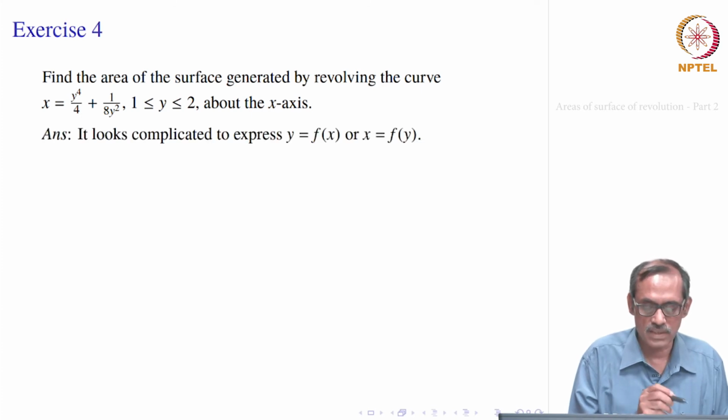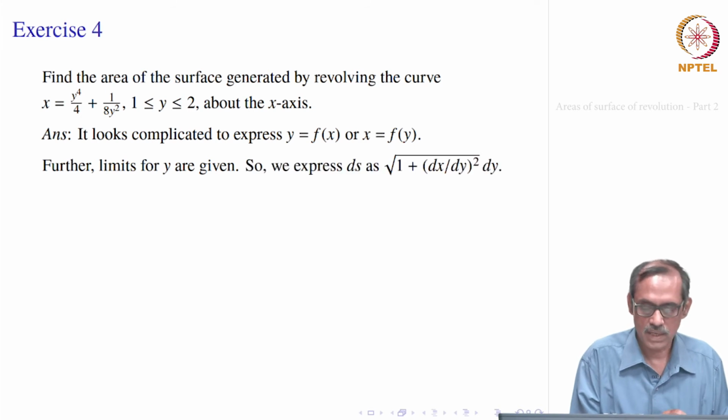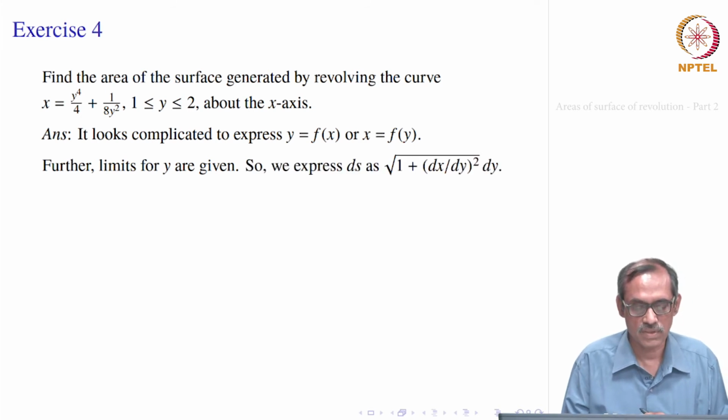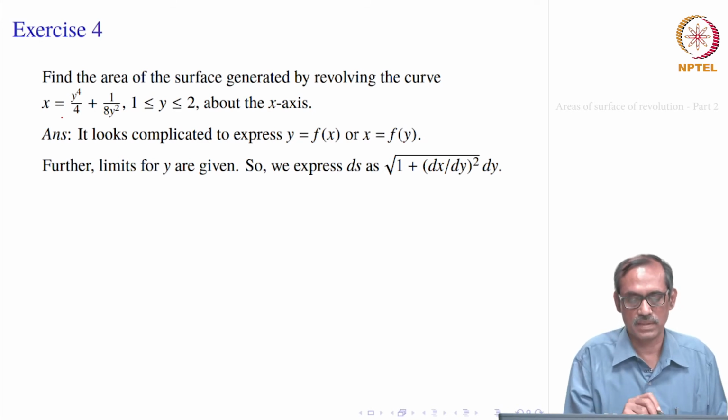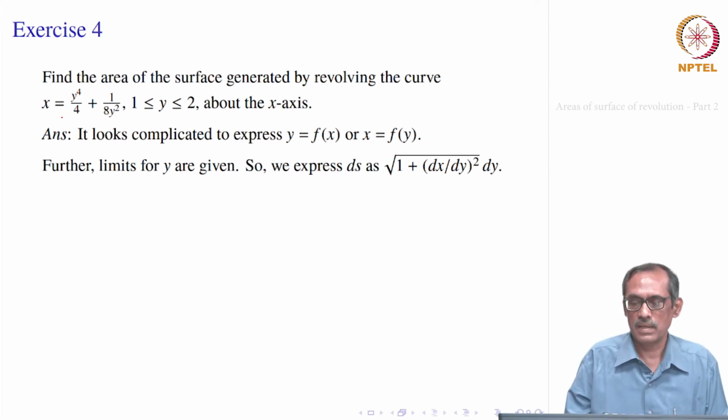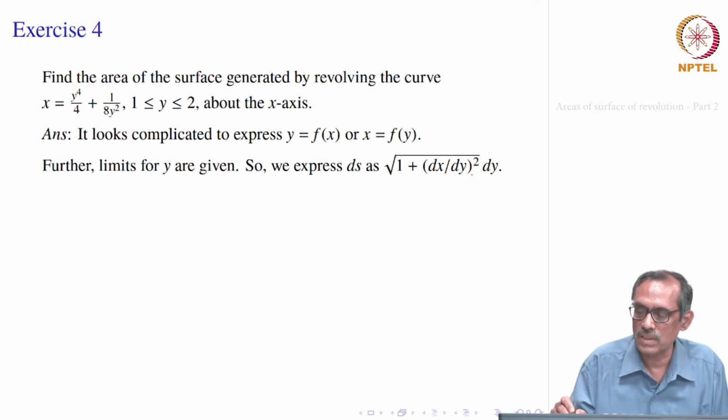So, you need to find y in terms of x, right, but it looks complicated that way, and limits of y are also given, you may have to find for x. So, instead of going directly through that, let us compute ds. So, ds is anyway square root of 1 plus dx by dy square times dy.